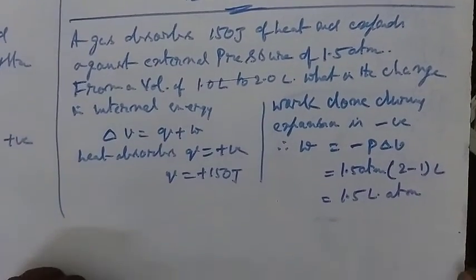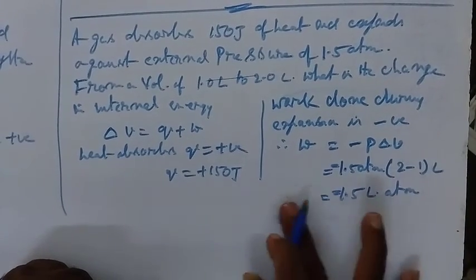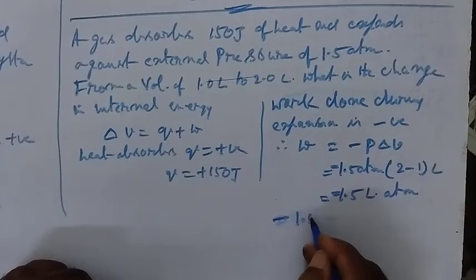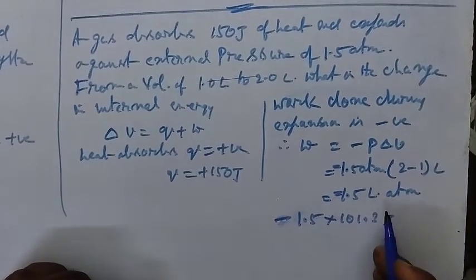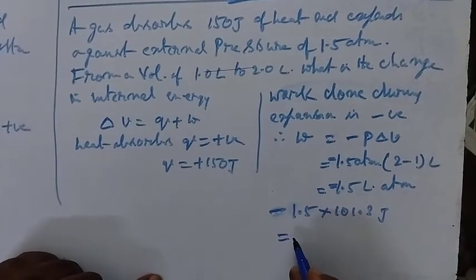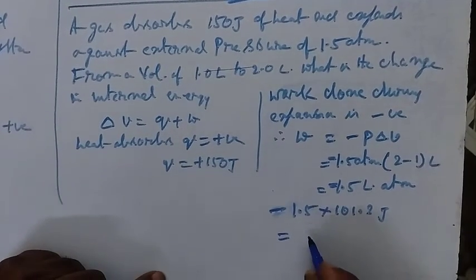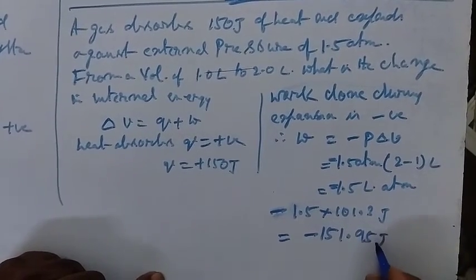So this is minus 1.5 into 101.3 joule, since 1 liter atmosphere equals 101.3 joules. Therefore if we multiply, we get minus 151.95 joule.